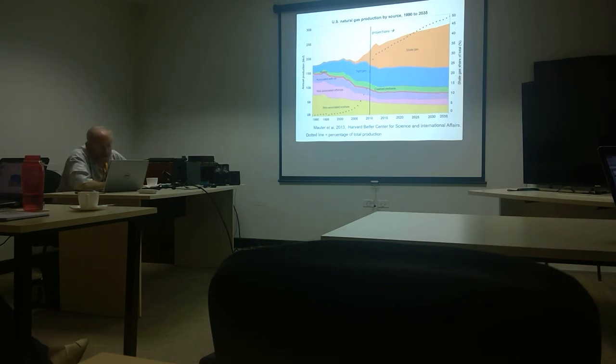You can see the amount of shale gas that has increased between 2005 and 2010. Now we're up here at 2016, and we're producing more shale gas, even though the price of gas, at least in the US, is very low, and that has hindered production. But still, it's expected that the major source of all natural gas will be from the shales.